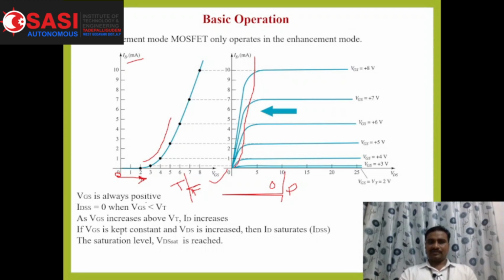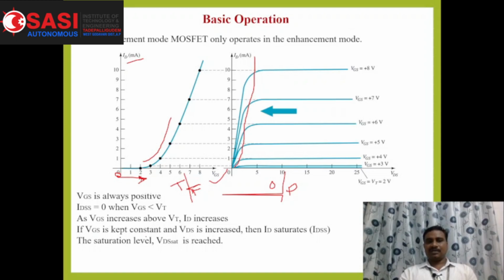VGS is always positive, as I said earlier, and IDSS is 0 when VGS is less than VT. So from 0 to 2 volts there is no current flow. After the threshold voltage, it starts increasing. As VGS increases above VT, ID increases, as we see in the transfer characteristics.